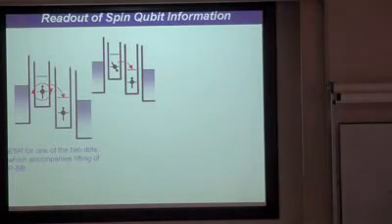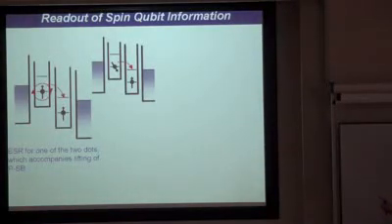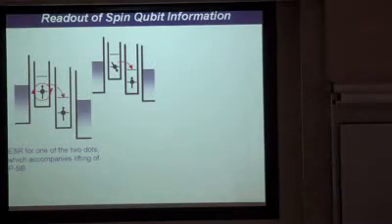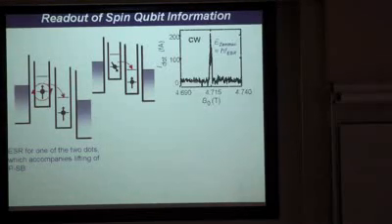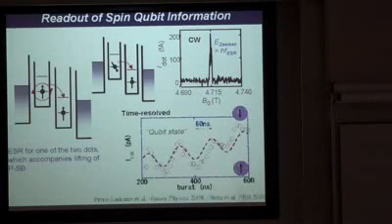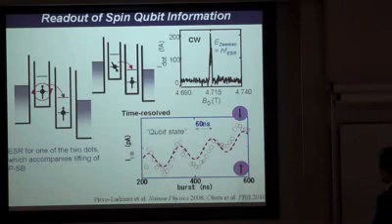And then this move will cause the change of the charge states from 1,1 to 0,2, and this will be detected. So you can expect a nice electron spin resonance signal, and after the pump and probe measurements, you can get the so-called Rabi oscillation showing the spin flip between the spin down and up states.